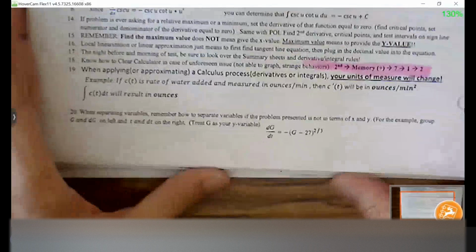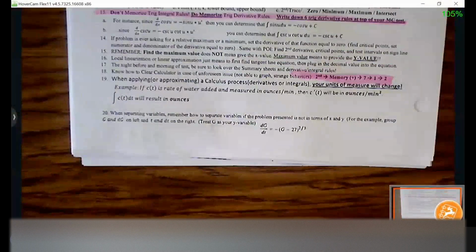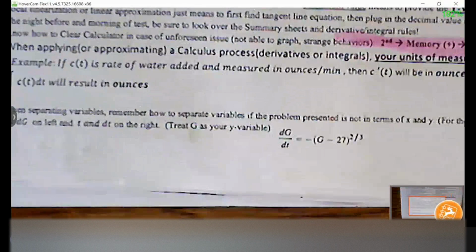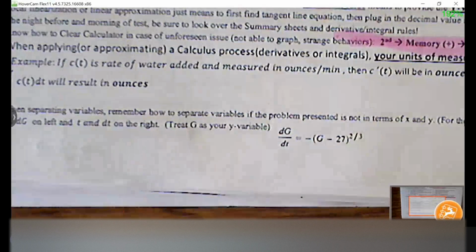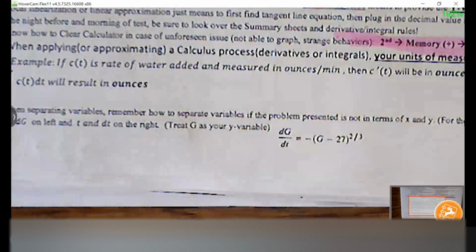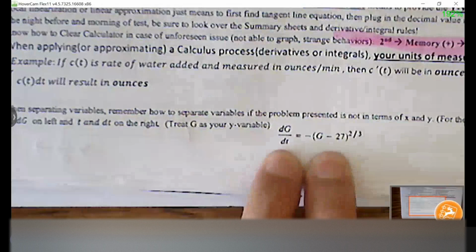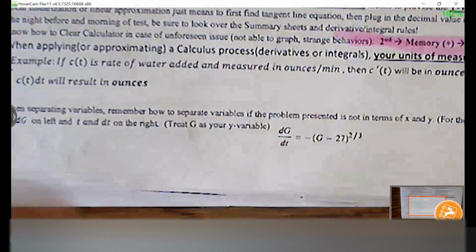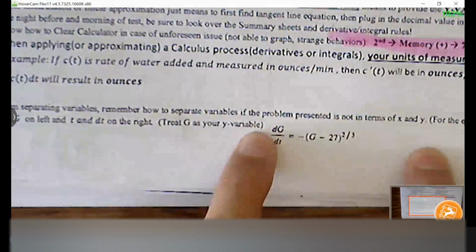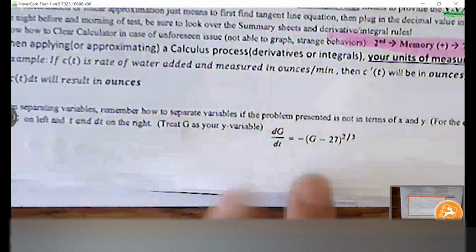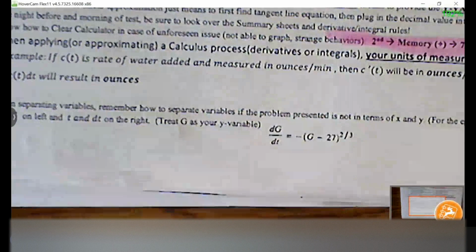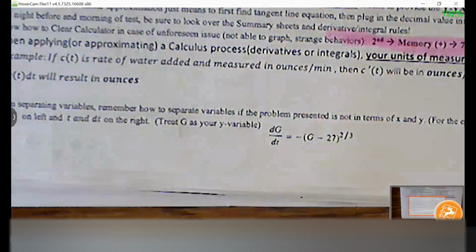So I just want to remind you that if you don't see x's and y's in your differential equation and you're separating the variables, just train your eye to remember that, okay, if I don't see x's and y's, it'll be t and something else. So in this case, your g is your y. So you will still cross multiply, but you group your g's on the left. Just train your eyes to see that, okay, that's basically my y variable, and then t is your x variable. So group the t's on the right and then go from there.